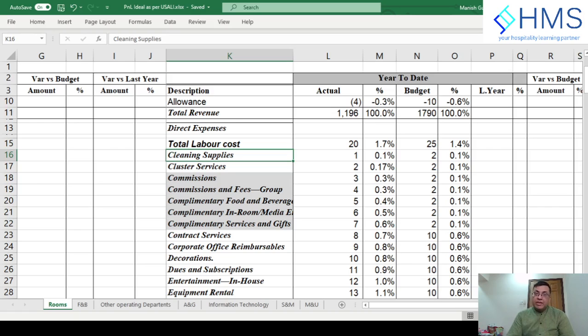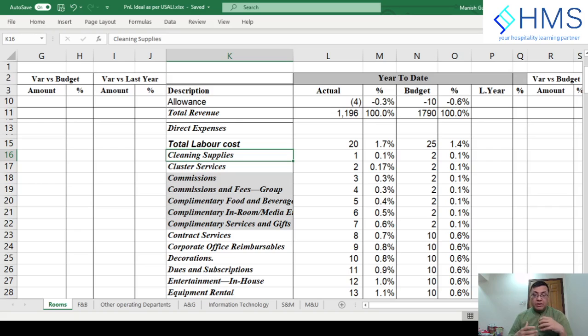Most of the expenses here you will have to split them, go into the general ledger, go into the source documents, go into the departmental expenses which are maintained by the department, and see, are they variable or are they fixed? If they are fixed, are they increasing or decreasing? If they are variable, is the per occupied room cost similar or not similar?